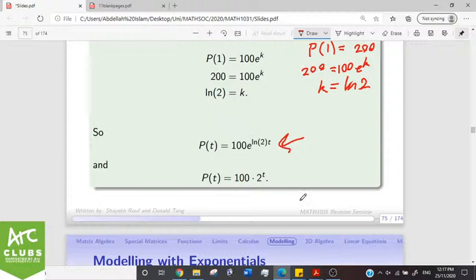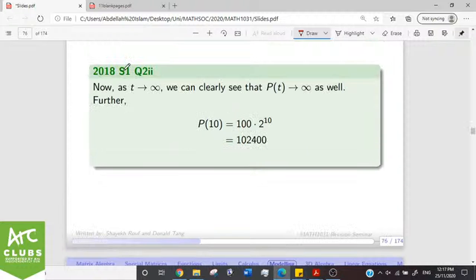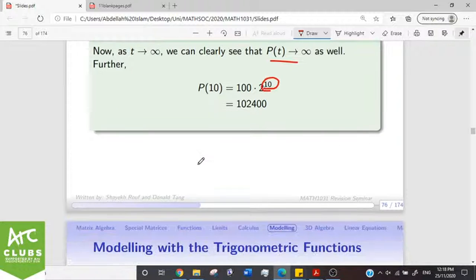We can simplify this further because e to the ln 2 is just 2. So that's where this comes from. As t goes to infinity, our population is going to go to infinity, because as you increase the power of 2, it just gets larger and larger. And after 10 years, we get this many.